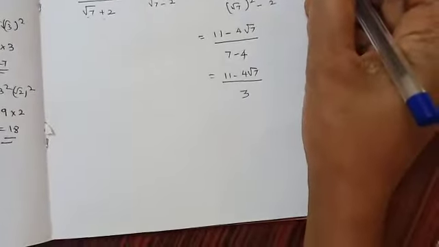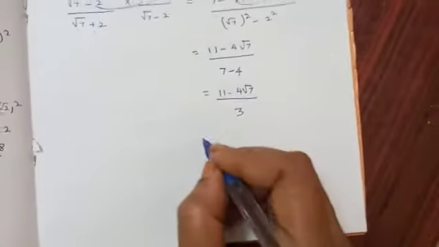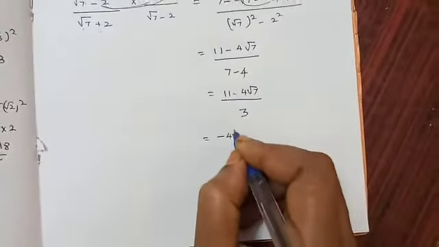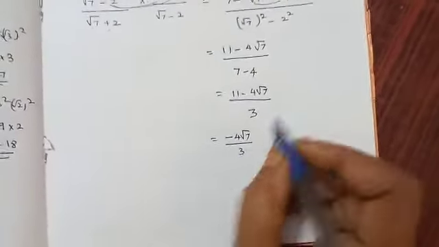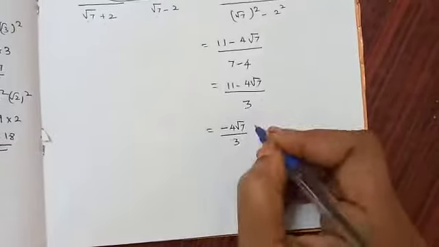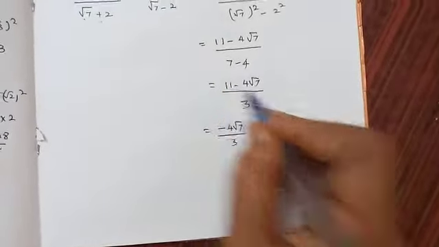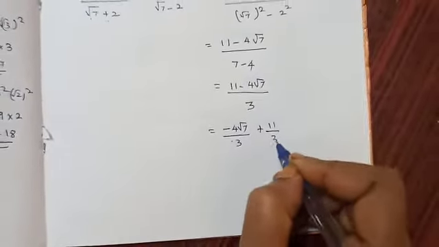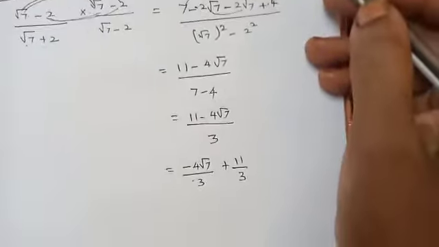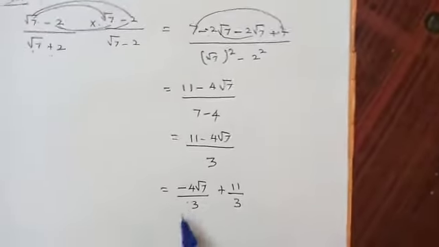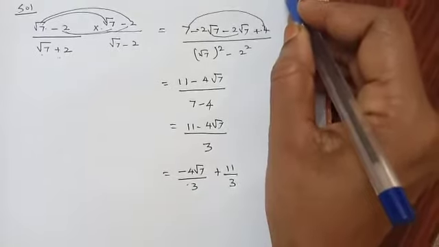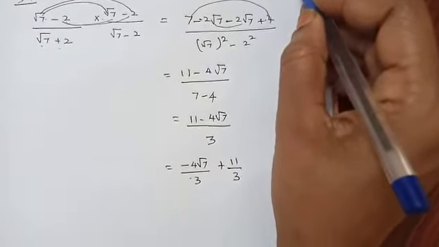Here the first term is root 7, isn't it? So we write root 7 first. So minus 4 root 7 by 3. Here the symbol is plus. So plus 11 by 3. Now compare this one, a root 7 and minus 4 root 7 by 3. So a is the coefficient of root 7.